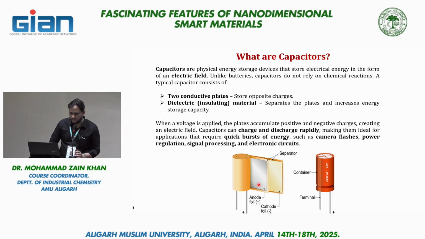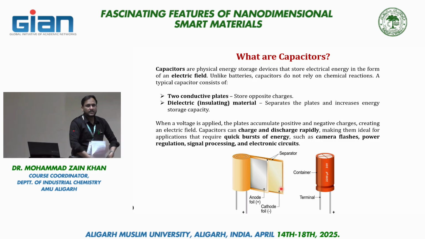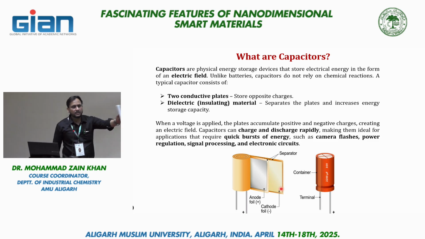This is the anode and this is the cathode foil, and in between them they have placed the separator. Just put the separator in between them and roll it. It forms a capacitor. If the power is very high, it is called a supercapacitor. That's it.